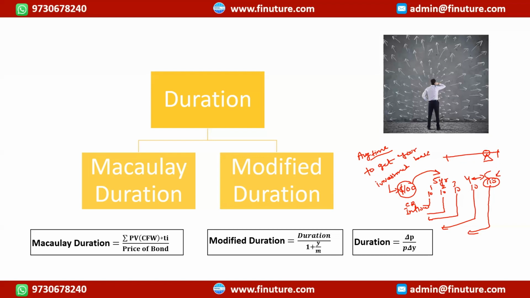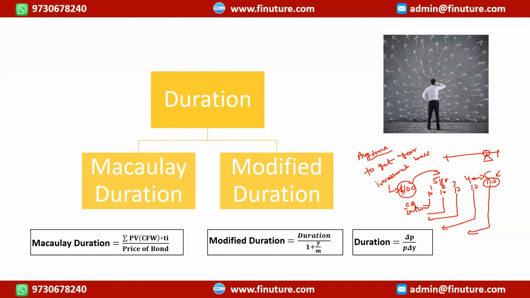In this case it would be somewhere between 4 and 5 years, because you may notice that these are very tiny payments. The major payment is happening over here, so this balance would get shifted towards the right. That's the interpretation of duration.